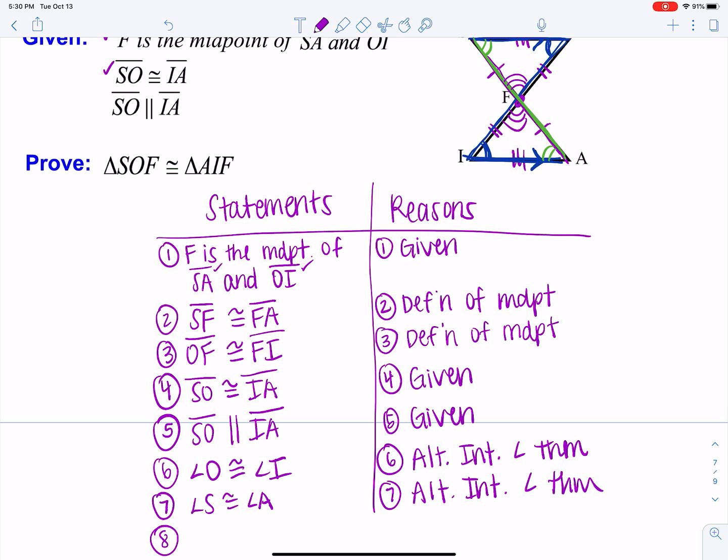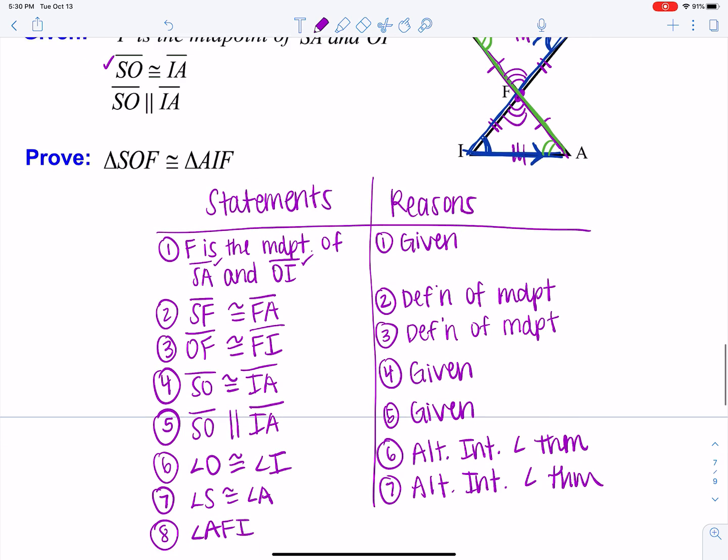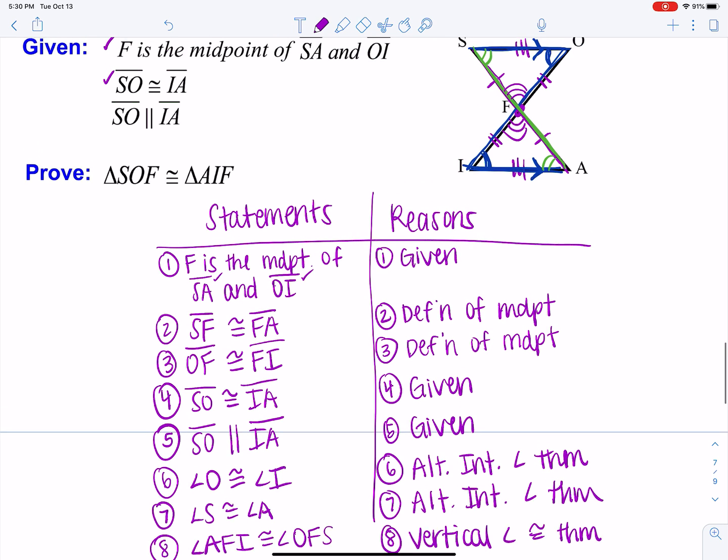Since F is a shared vertex, we do need to name those angles with 3 letters. So angle AFI is congruent to angle OFS. We're using the vertical angle congruence theorem.